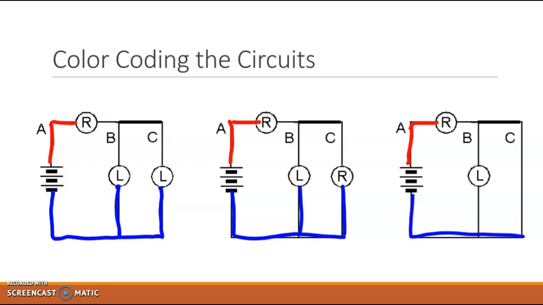Now you notice something interesting happens with circuit number 3. Since there is no bulb on wire C, because it's a shorting wire, that blue pressure continues through that whole rest of the circuit. And so you see there is no pressure difference across that long bulb, which is why it does not light.